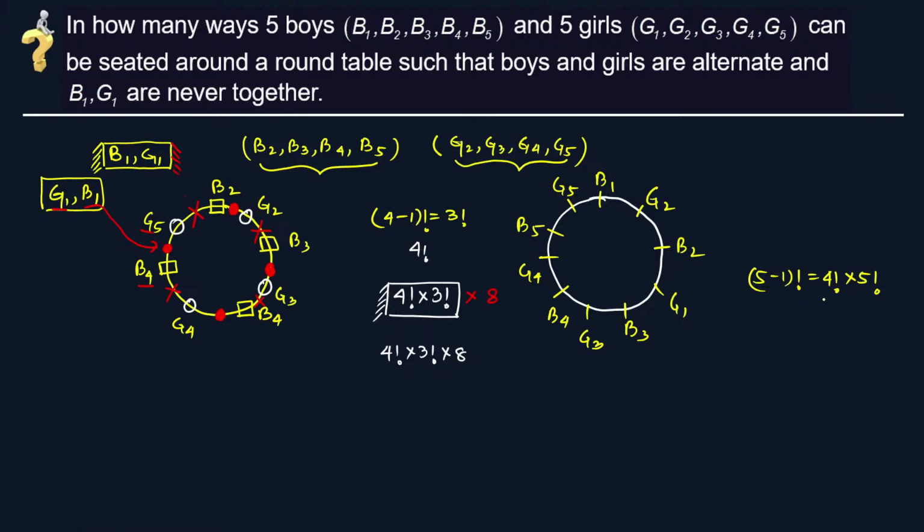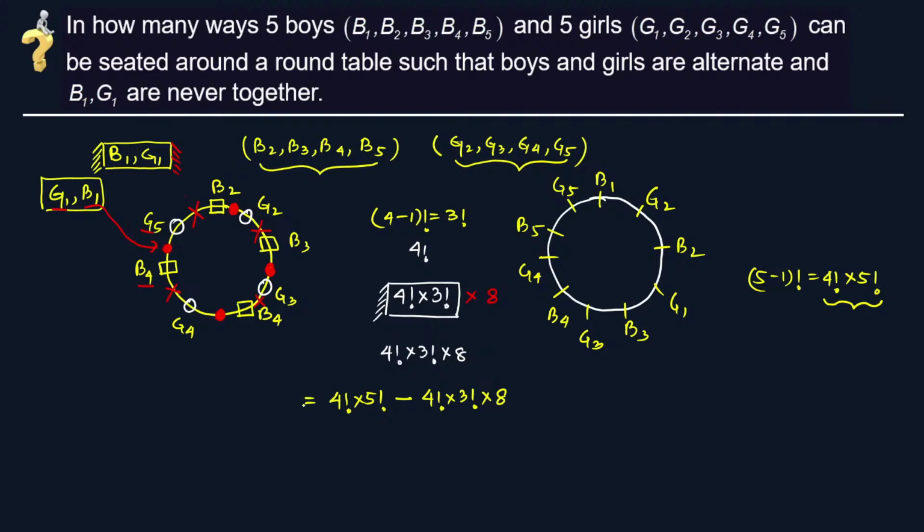So this is the total number of ways in which 5 boys and 5 girls are sitting alternately. But there is no restriction on B1 and G1. Clear? They can sit anywhere. Now, the total number of ways in our problem will be factorial 4 into factorial 5, where there is no restriction, minus the total number of ways when B1 and G1 are together.